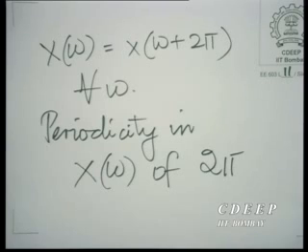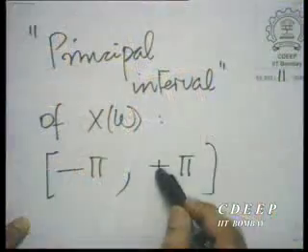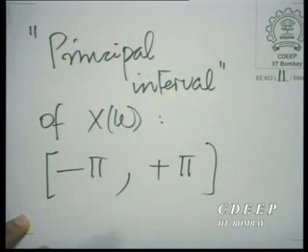We also saw that the prime interval over which X(omega) needs to be considered is the interval from minus pi to pi, what we call the principal interval. It is adequate for us to look at the discrete time Fourier transform over this principal interval of minus pi to pi, because it would then be repeated at every multiple of 2 pi.